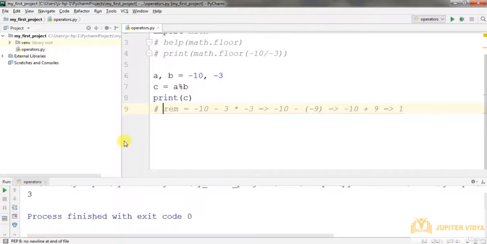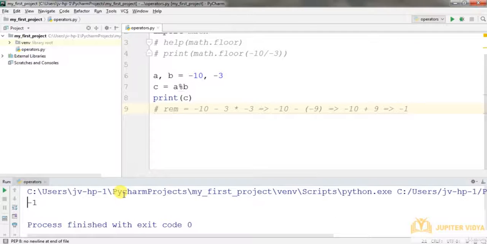Let's print it. No, it should be negative, right? Minus 10. So minus 10 plus 9, so minus 1. And you can see here minus 1.